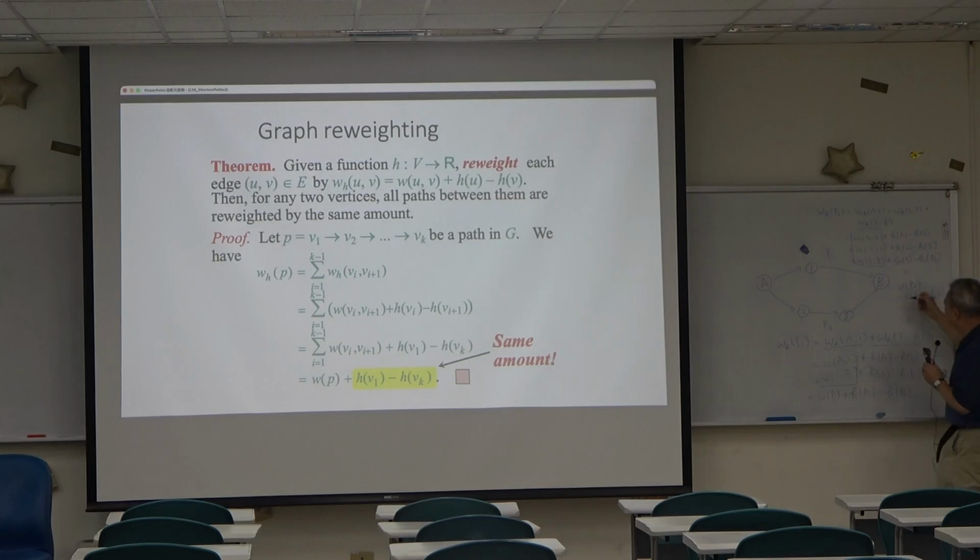So you see, after the reweighting, for different paths, their path weights will be modified by the same amount. That amount, to be exact, will be h(A) minus h(B).